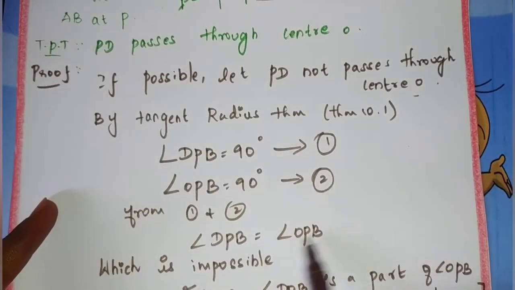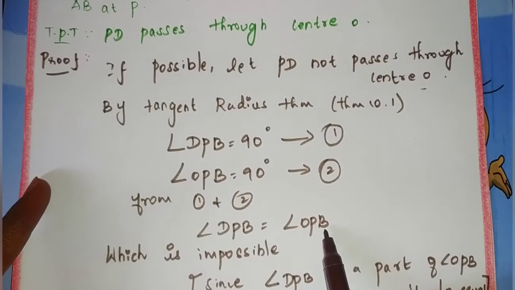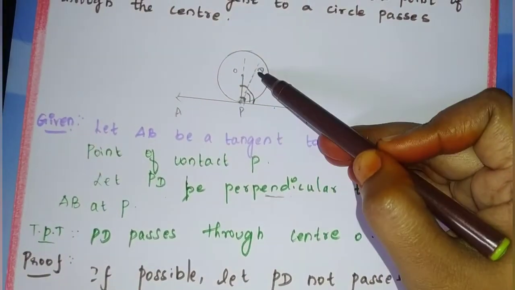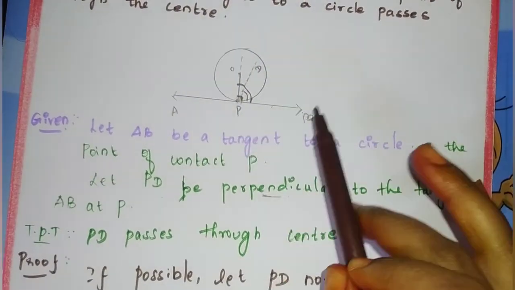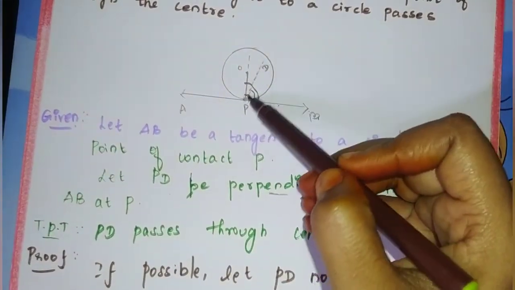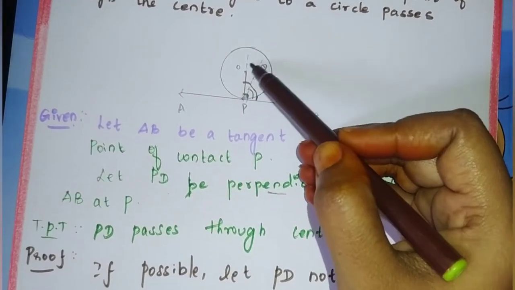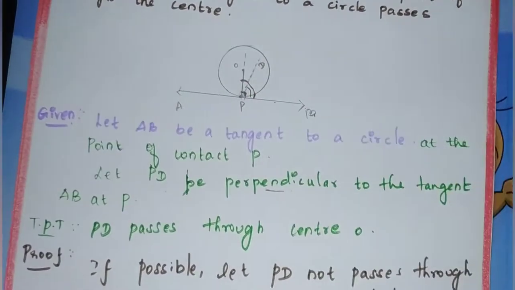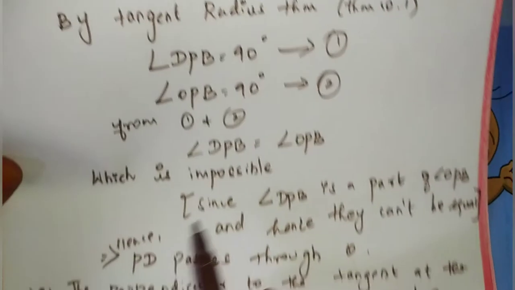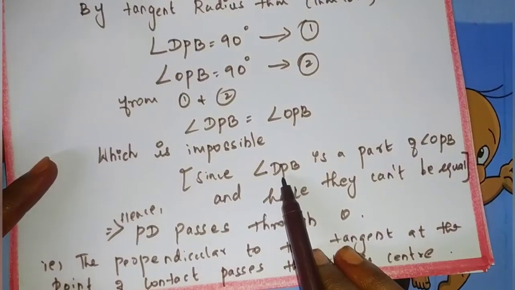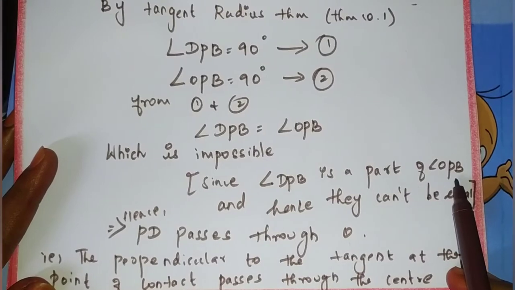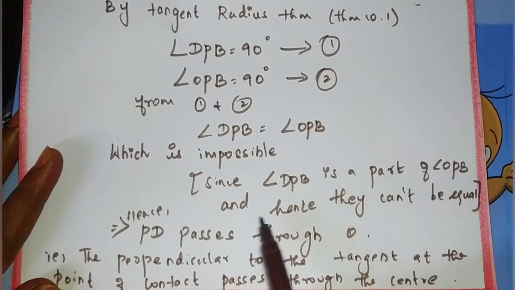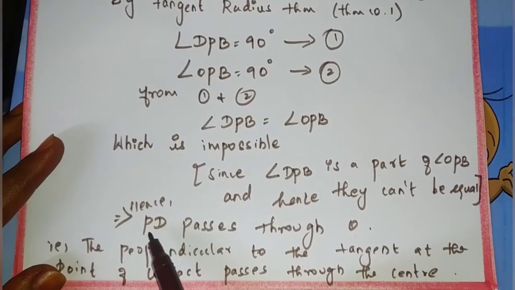So from 1 and 2, we can tell that both the angles are equal, which is impossible. I have drawn it here, but it won't lie like this. It will lie on OP only. Clear, children? Which is impossible since the angle DPB is a part of angle OPB and hence they cannot be equal.